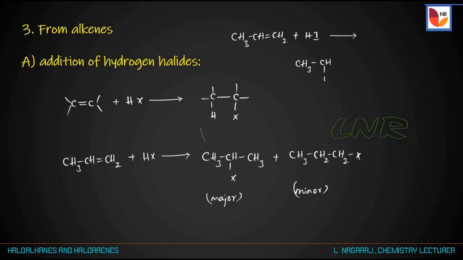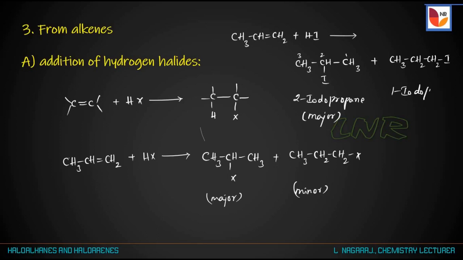The negative part is always attached to the double-bonded carbon that has fewer hydrogens, and the other product is CH3CH2CH2I. So 2-iodopropane is the major product and 1-iodopropane is the minor product.